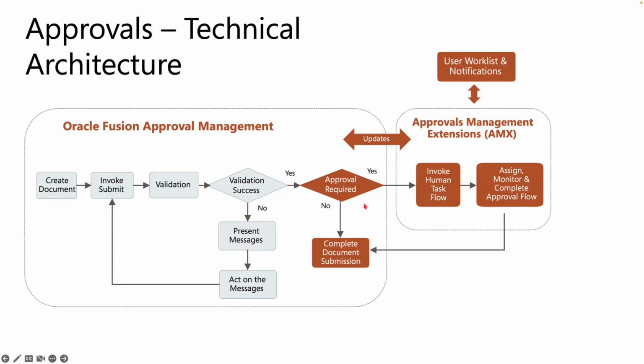Now, if approval required is switched on, then it will invoke a task flow when it's initiated. And then that can then be used to monitor, assign, and complete the approval flow. And then once that's completed, you can then see that the document is approved, and you can look at it from there. So that's basically what happens from an architectural perspective.